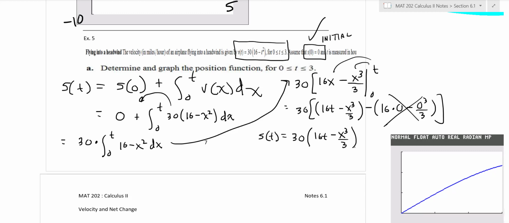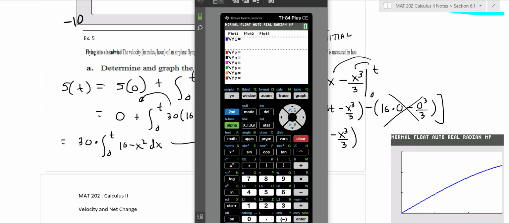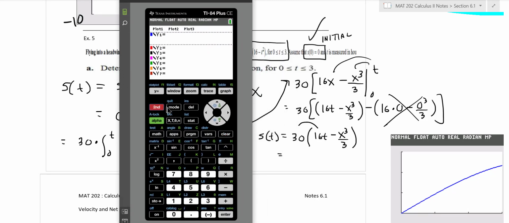Okay, and then we can multiply that out if you want to. So I'm going to go ahead and write it in a multiplied out form. That would be 480. I don't need a calculator. God, I'm getting lazy. So that's 480t. 30 over 3 is 10.